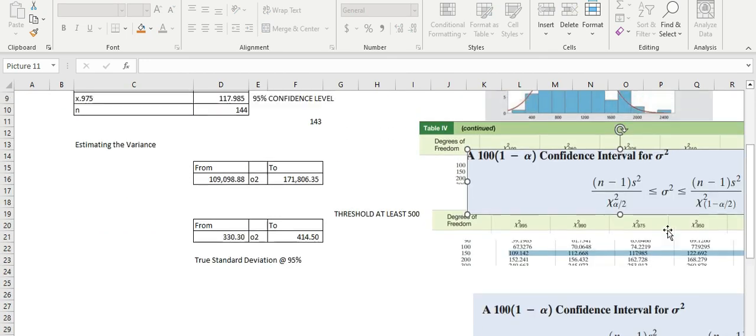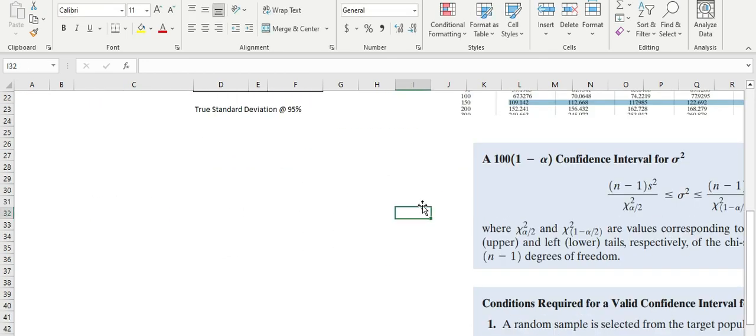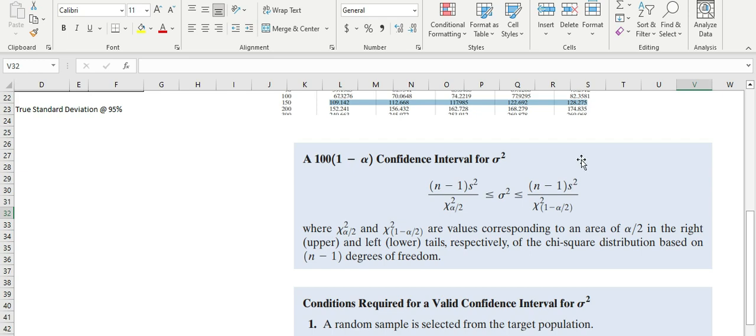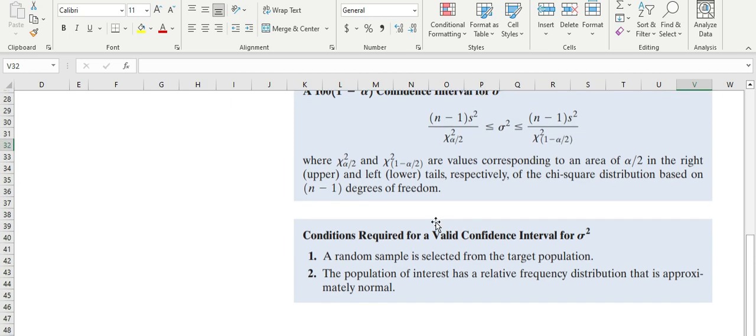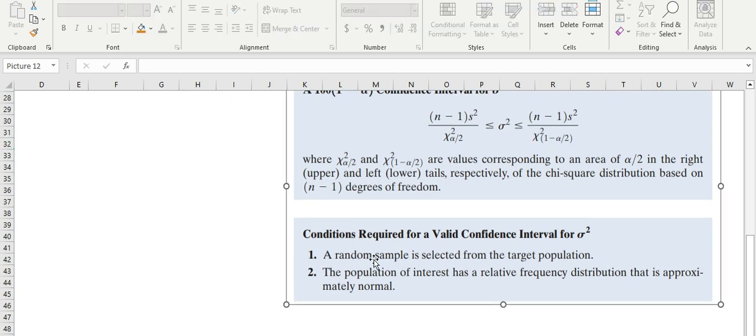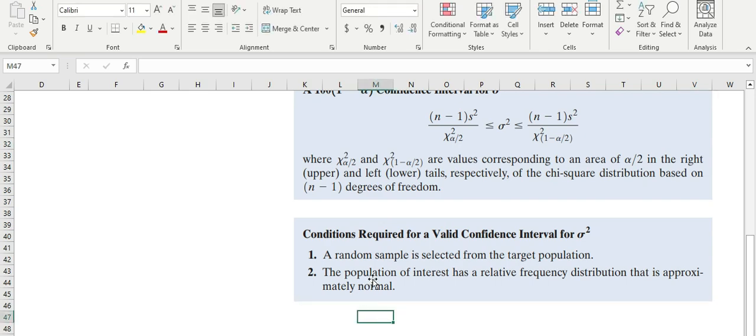These are the rules on using this chi-square, and I already explained them. These were the conditions: a random sample is selected from the target population, and the population, with a representative frequency, is approximately normal.